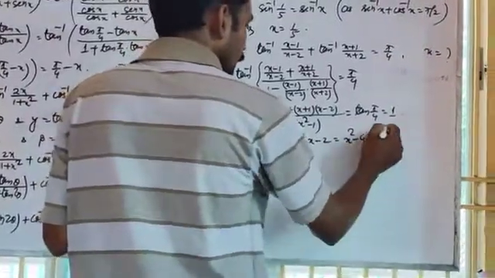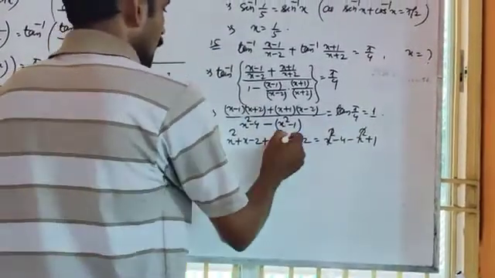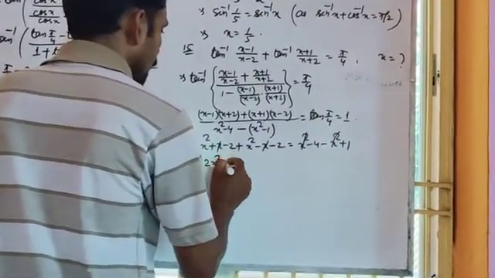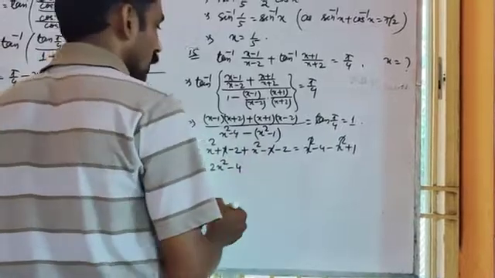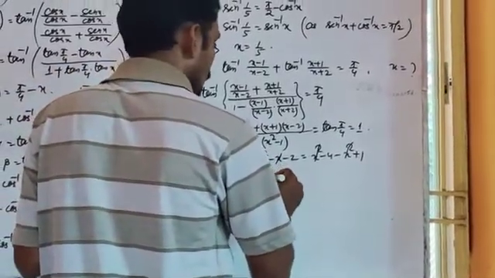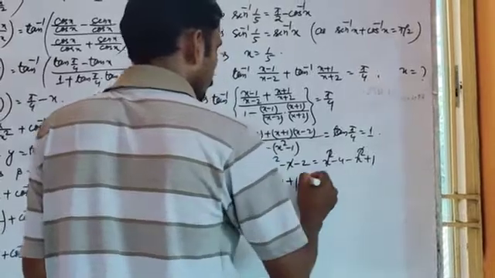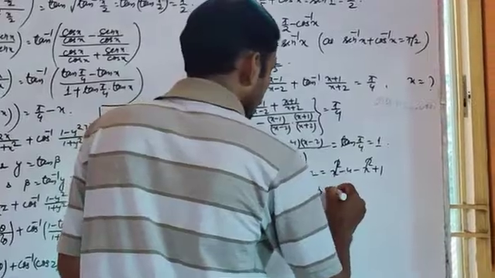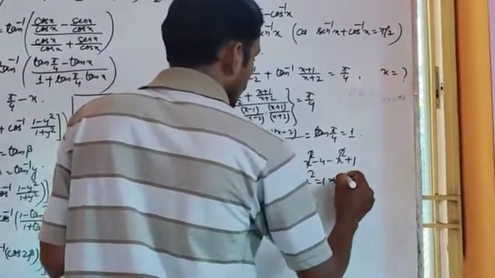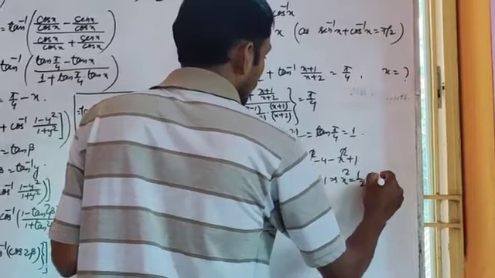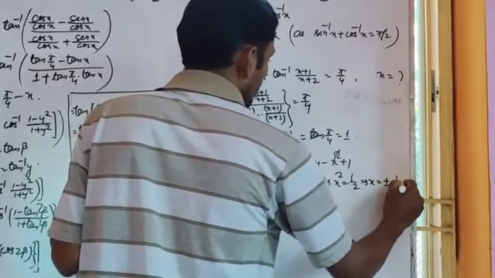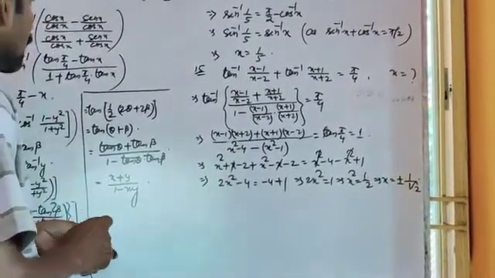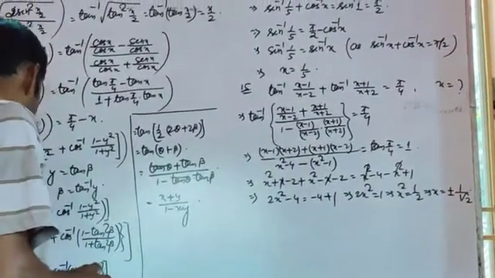Now here x square cancels, and plus x minus x cancels, so it is 2x square minus 4 equal to minus 4 plus 1. Again minus 4 on both sides will cancel, so 2x square will be equal to 1. So x square equals 1 by 2, so x equals plus or minus 1 by root 2. So this is the solution for question number 15.